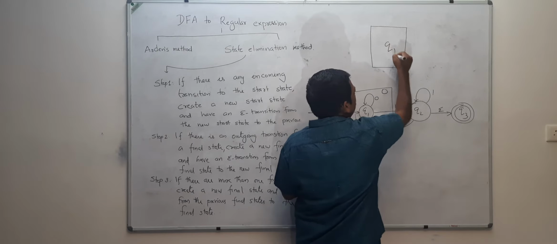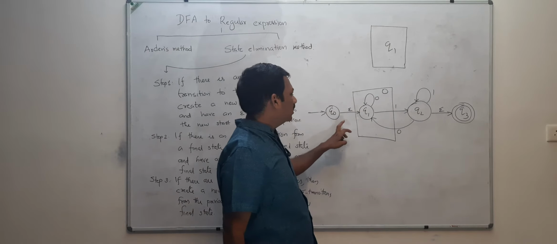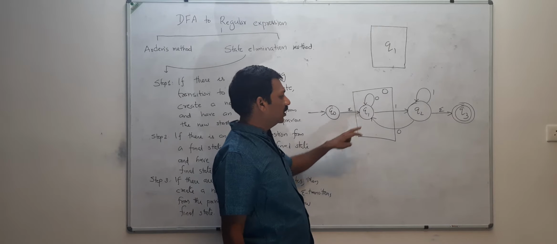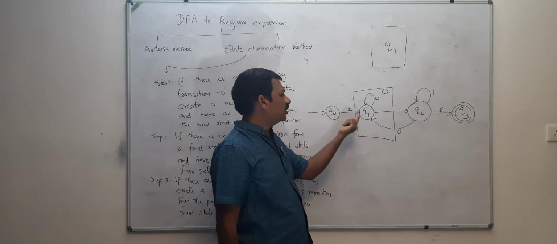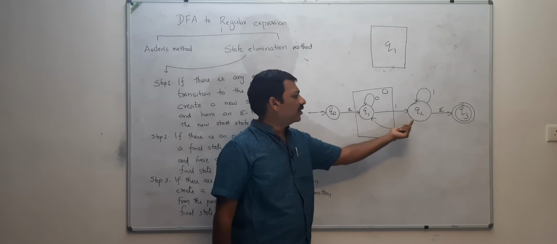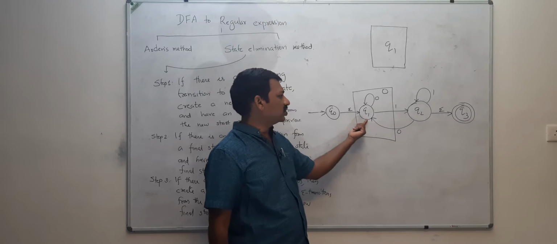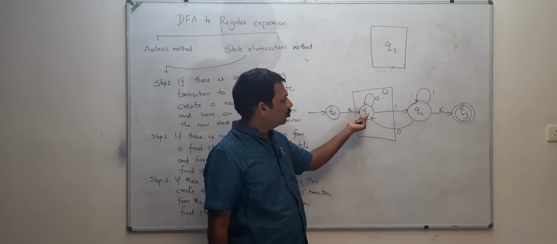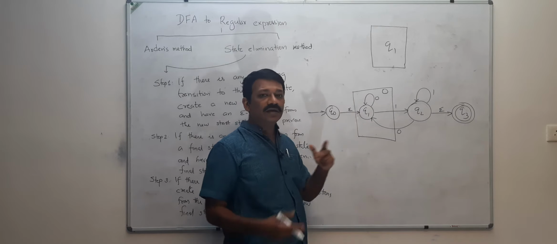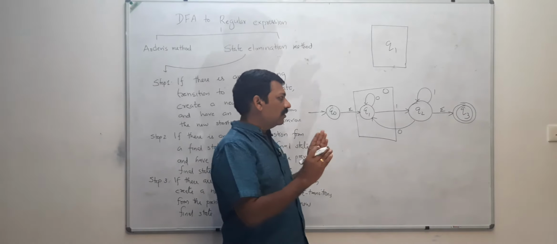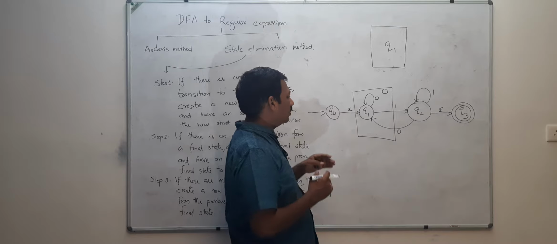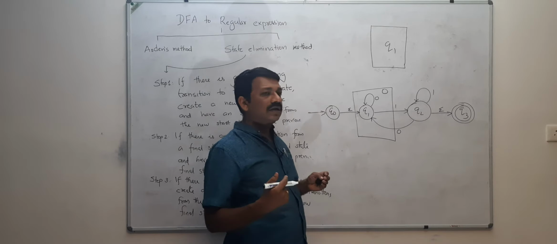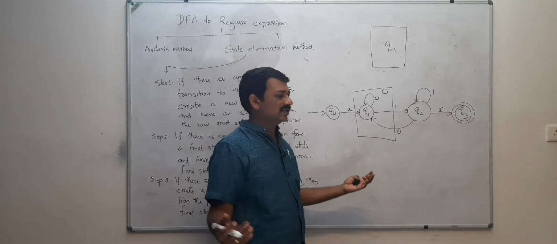This is Q1. What are the incoming transitions to Q1? From Q0 there is an incoming transition, from Q2 there is an incoming transition, and Q1 itself has a self loop. We have to take care of the incoming transitions from other states.